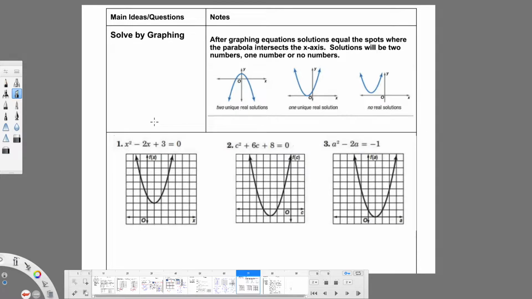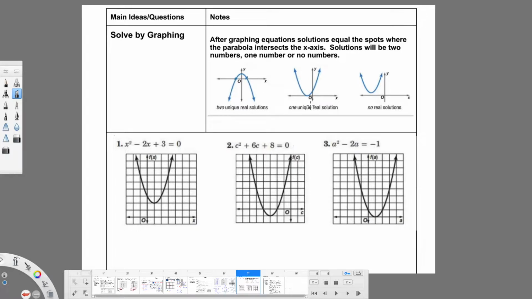So after graphing equations, solutions equal the spots where the parabola intersects the x-axis. We've talked about this before. So solutions will be two numbers, one number, or no numbers. It can't be more than two because of our U-shape. It can only intersect at most 2 times on the x-axis.